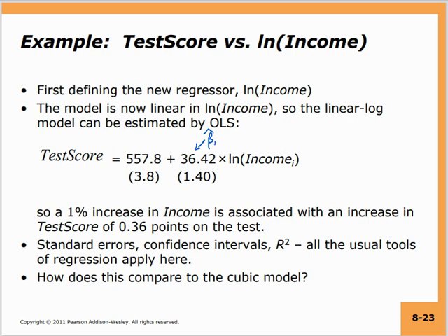So a 1% change in income is associated with an increase of, now you remember you have to multiply beta 1 hat by 0.01. So 36.42 multiplied by 0.01, that is 0.36 points on the test. So the test score is going up by 0.01 multiplied by beta 1 hat, that is 0.3642, for each percentage change in income.